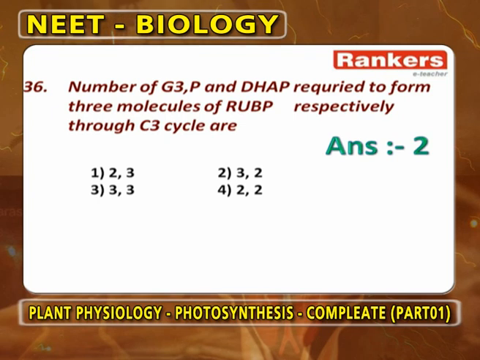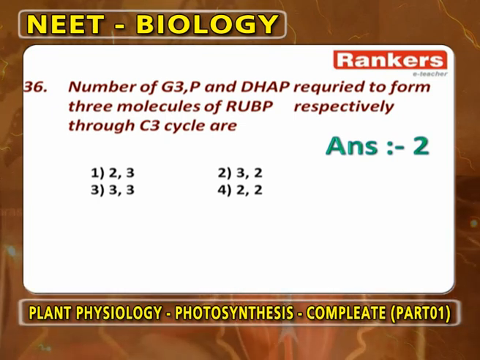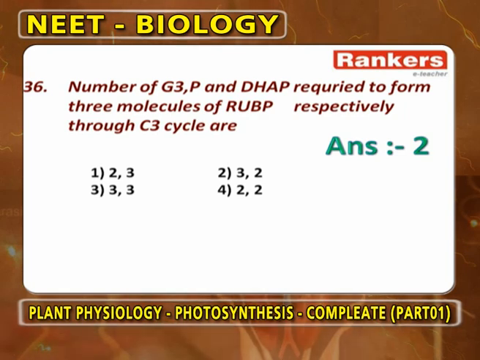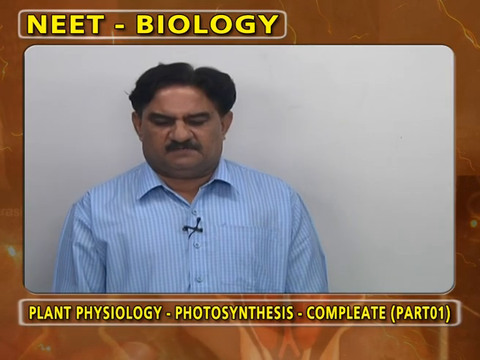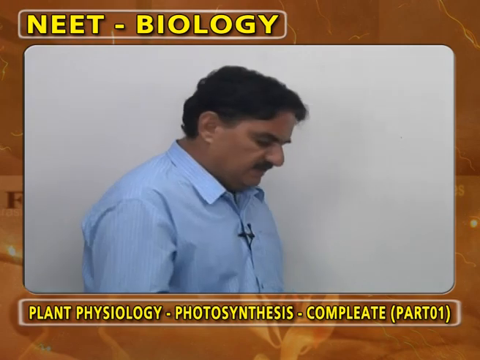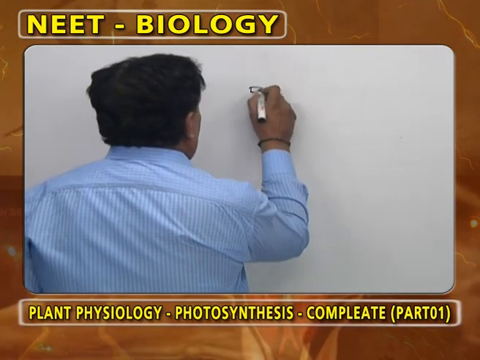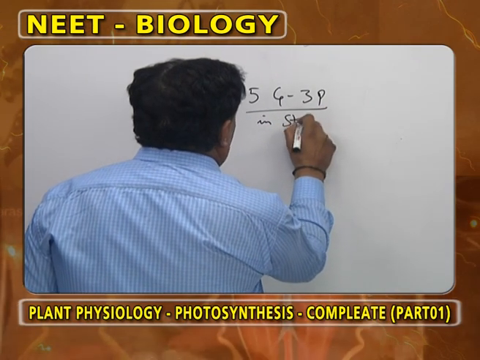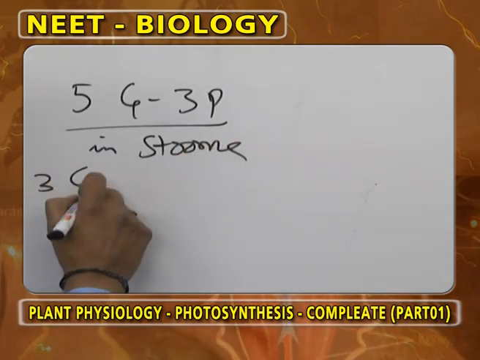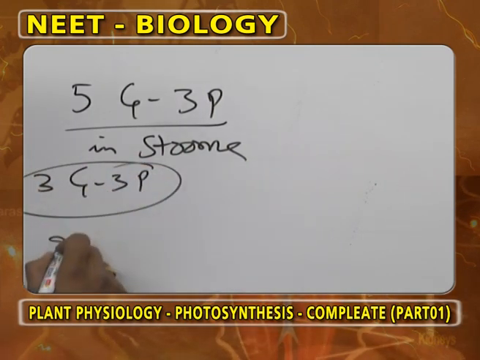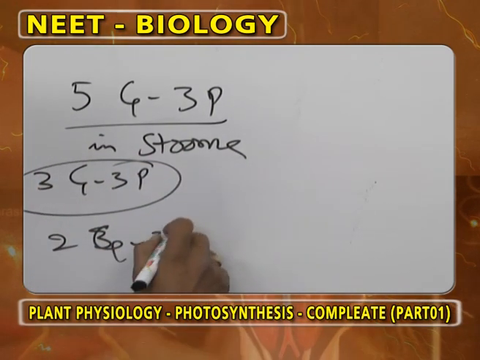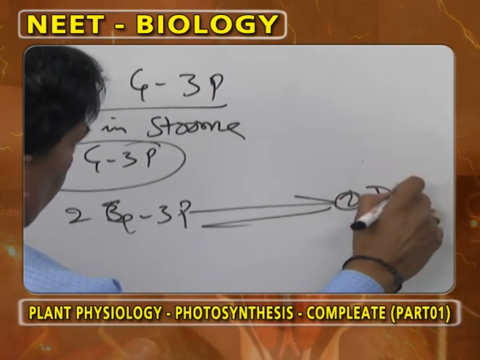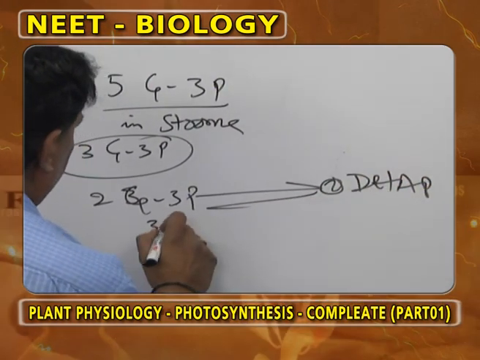Number of G3P and dihydroxyacetone phosphate required to form 3 molecules of RuBP respectively in the C3 cycle. Out of 5 molecules of glyceraldehyde 3-phosphate in the stroma matrix, 3 molecules of glyceraldehyde 3-phosphate remain as they are. 2 molecules of glyceraldehyde 3-phosphate convert into 2 molecules of dihydroxyacetone phosphate.